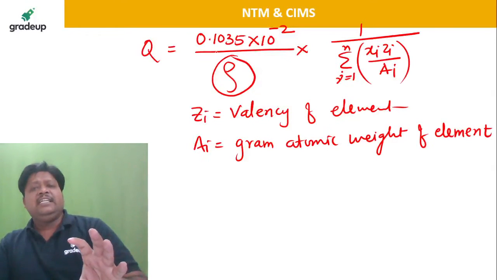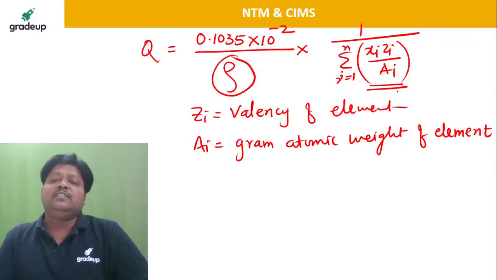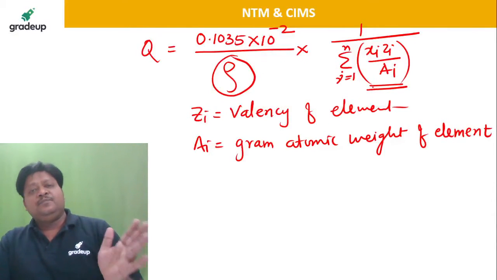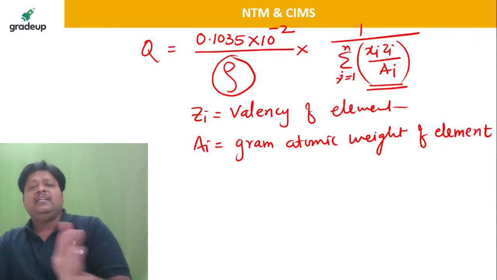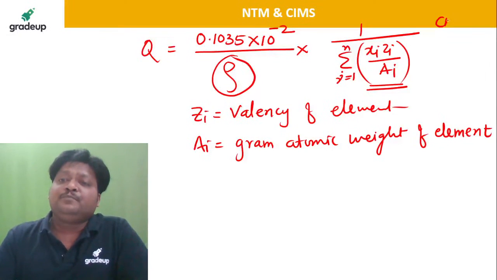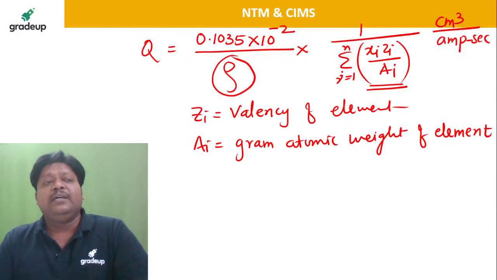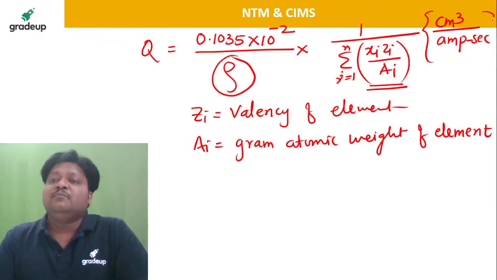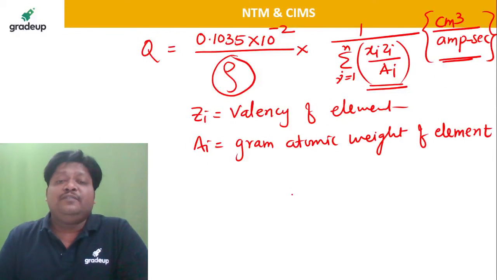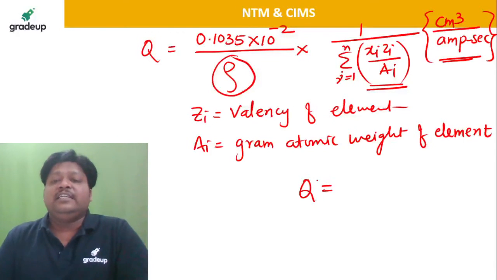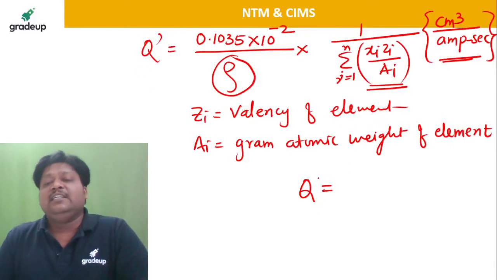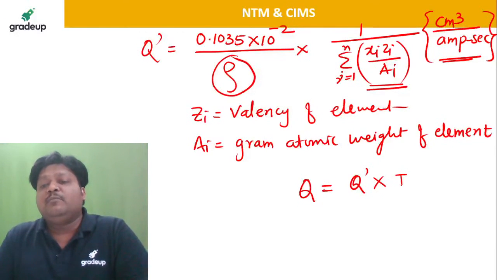If density is given directly, no issue, but you have to calculate xi into zi divided by ai for all the elements in that alloy. You will get this Q in terms of centimeter cube per ampere per second. If this is Q dash, then our required material removal rate Q is equal to this Q dash multiplied by the current.